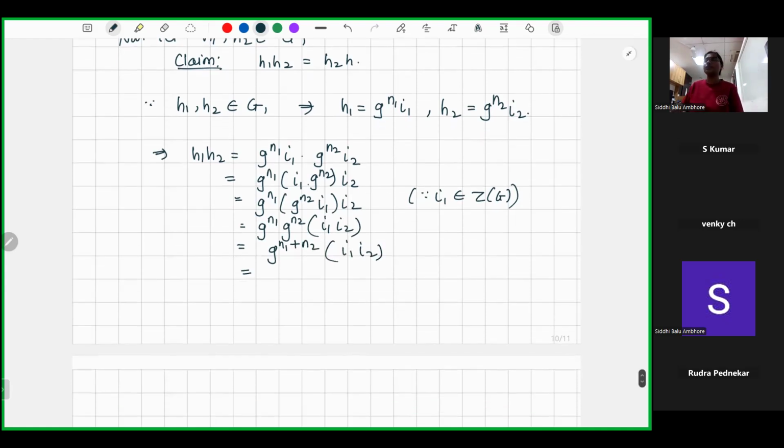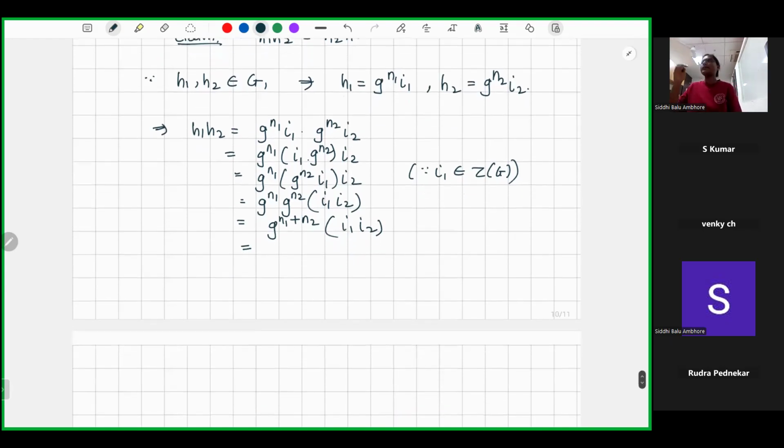Is this okay so far? N1 plus N2. But now the moment I have this N1 plus N2, I can split them and I can write this as G power N2 plus N1, this I1 I2, and this now becomes G power N2 into G power N1, I1 I2.